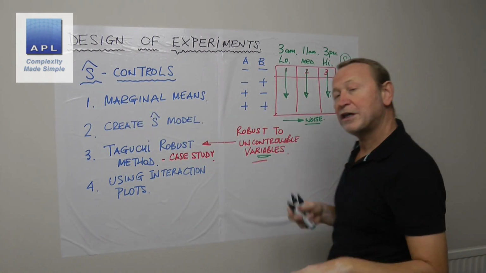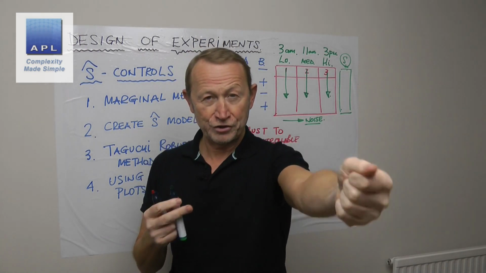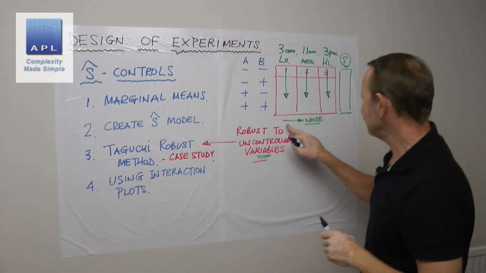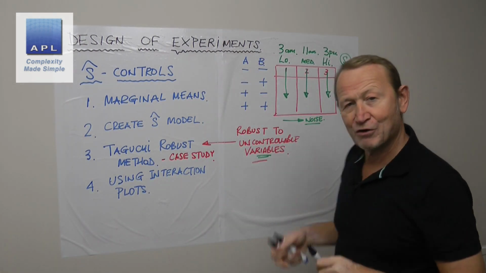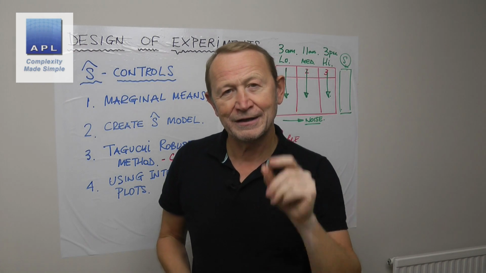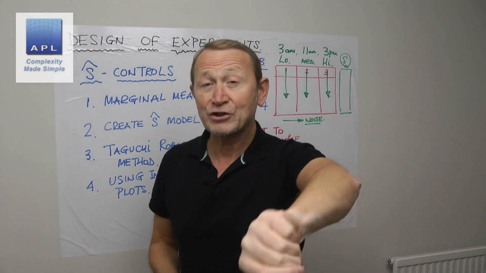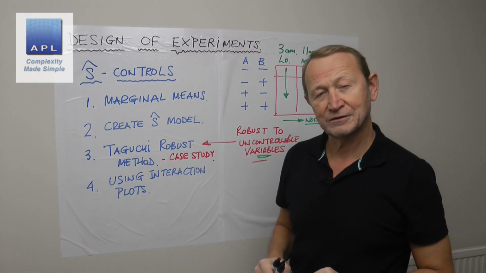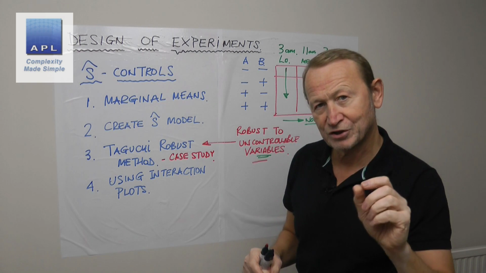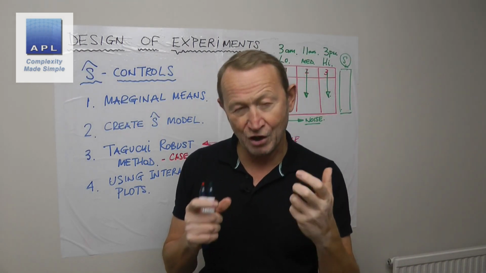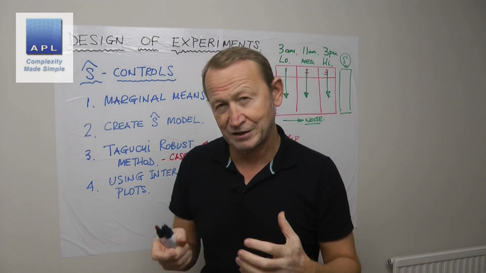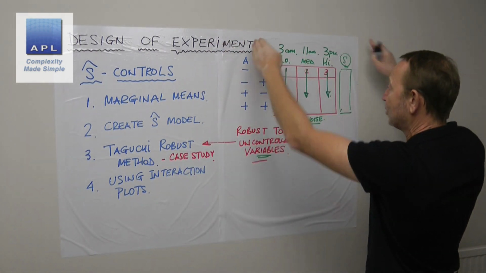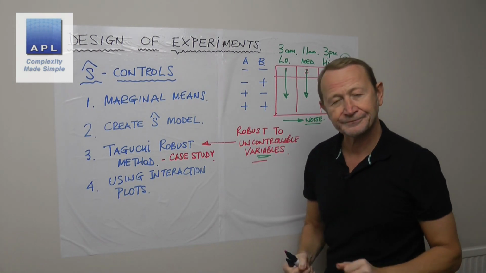And now, if we can find a variable that turns the standard deviation down, even though noise is being allowed across the experiment, that variable will make your system robust to that noise. That's robustness. Now, you have to design the experiment like this. You have to sit down and think about the noise and deliberately design the experiment like this.